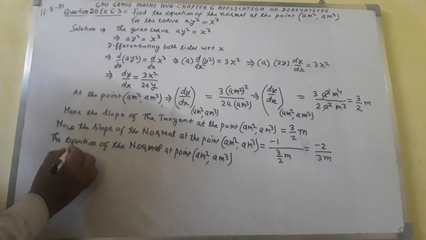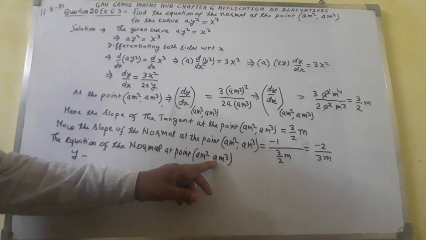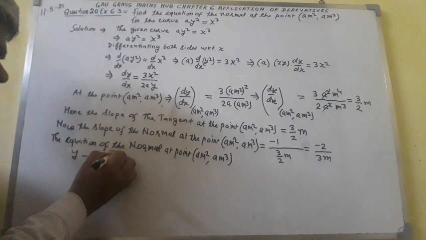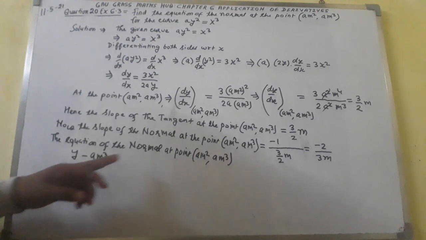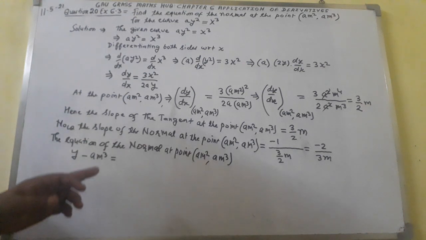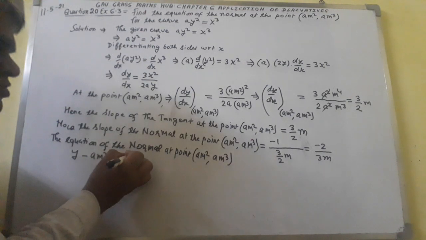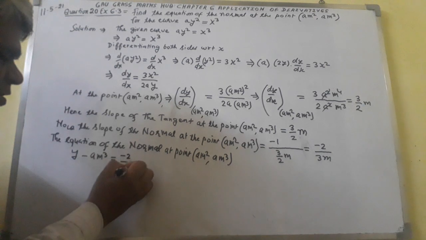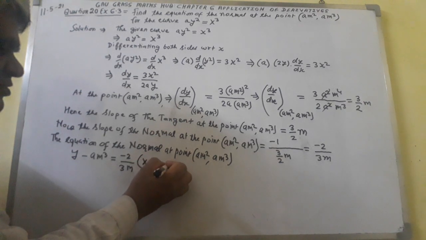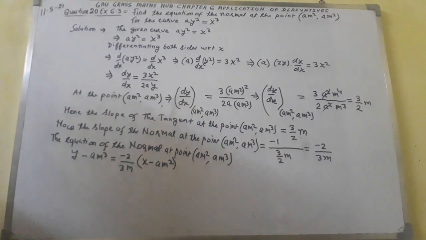We shall get y minus y1, where y1 I shall write as am³, equal to m, where m here is the slope of the normal, which we have got as -2 over 3m, in bracket x minus x1, and I shall write x minus am². This thing you have got.